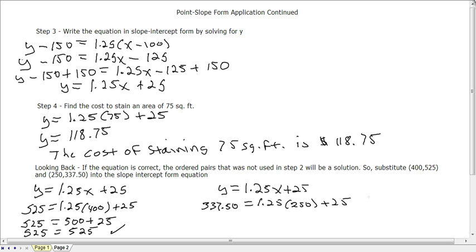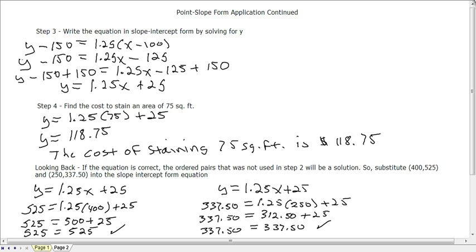If this comes out right, then we're in good shape. That's going to give me 312.50 plus 25. You can check that on your TI-84. And here 337.50 is equal to 337.50. So that checks as well.